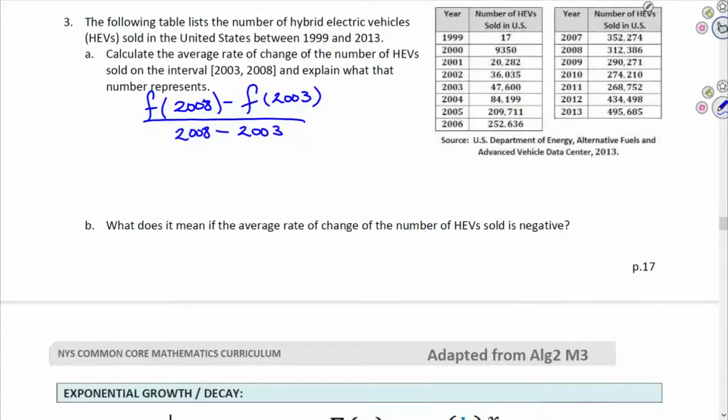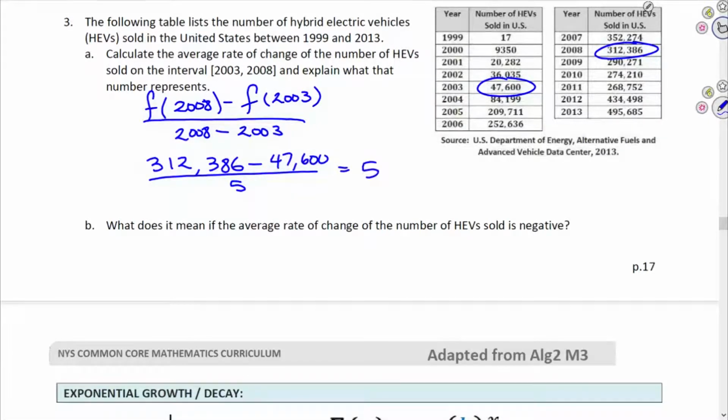So 2008 is this number, 312,386, minus 2003, which is 47,600, divided by 5 years in that span. To compute, we get 52,957.2 HEVs.